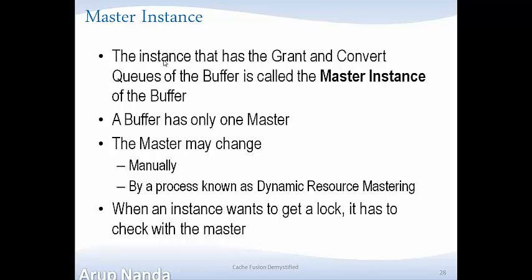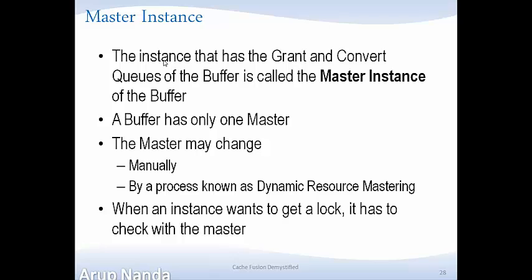That instance is called the master instance of the buffer. Let me repeat that. That instance for a specific buffer is called the master instance of the buffer. In RAC, there is nothing called a master instance of a cluster. Each buffer has a master instance. So let's say I have a 2-node RAC cluster and 200 blocks.